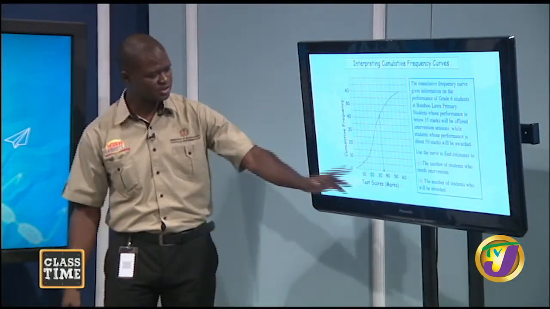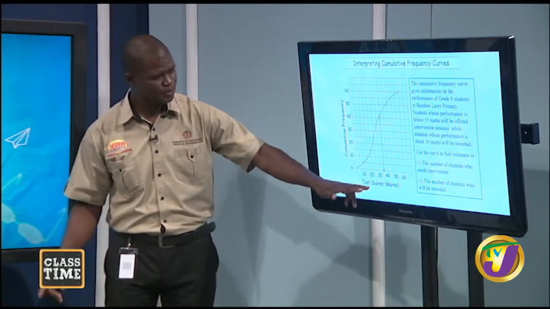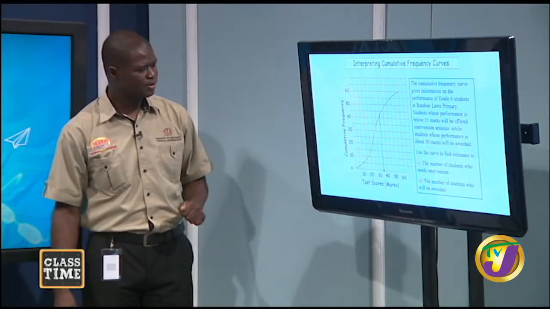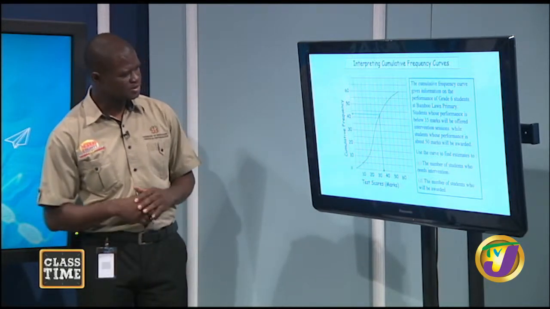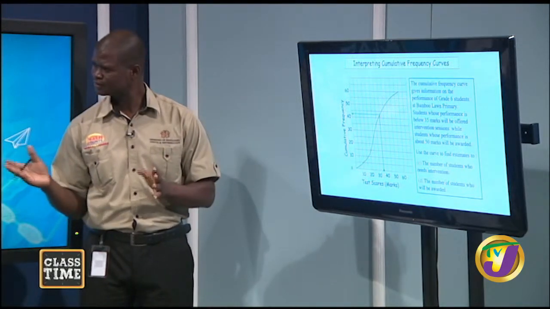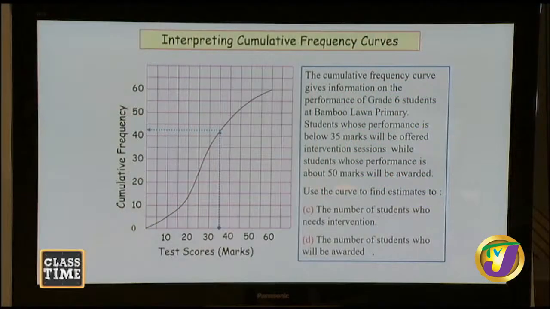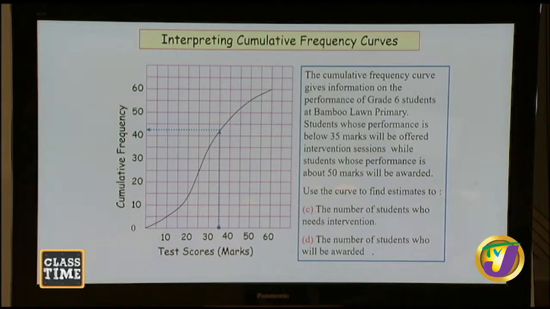So we find 35 because they are marks, up to our curve, then out. That will give us approximately 42.5. But hold on, you can't have half a person.